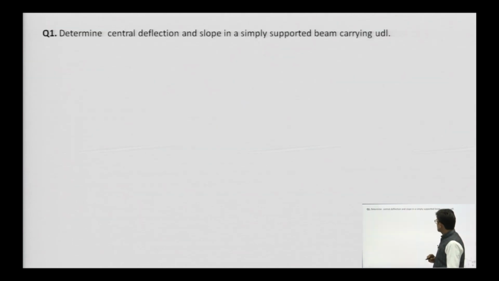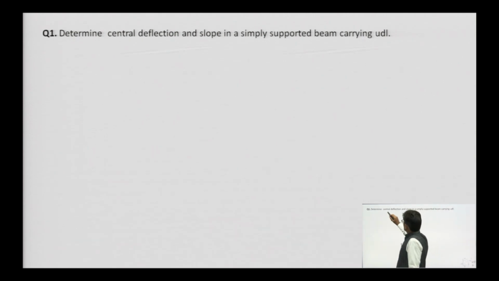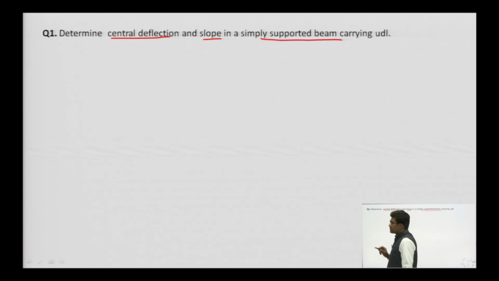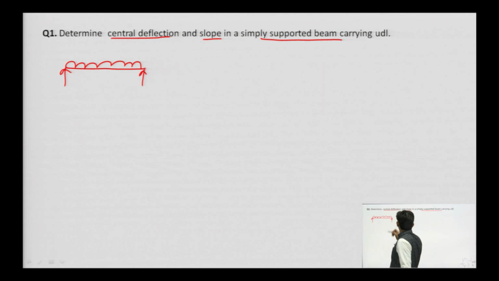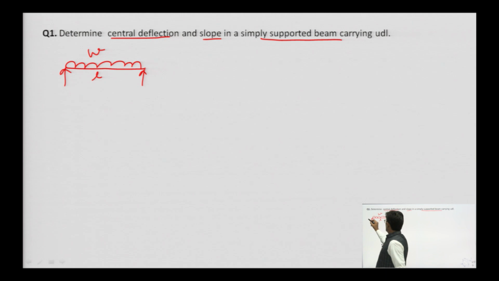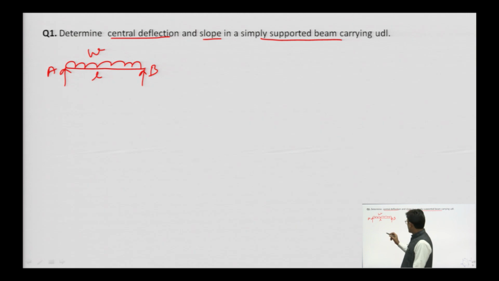Let us do one question. We need to find the central deflection and slope in a simply supported beam carrying a UDL, of length L. Say this is point A, this is point B. What will be the bending moment?